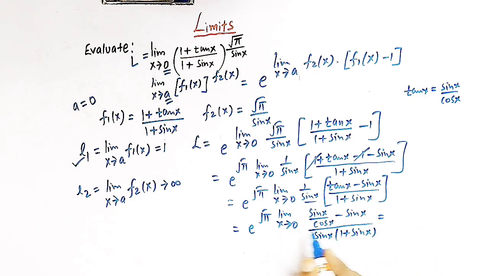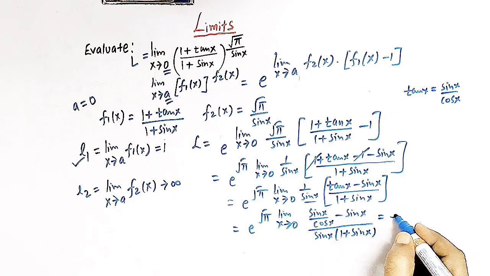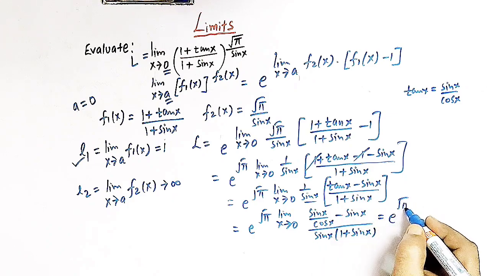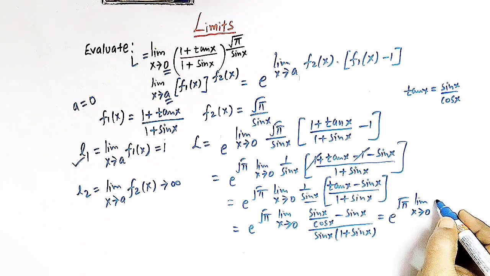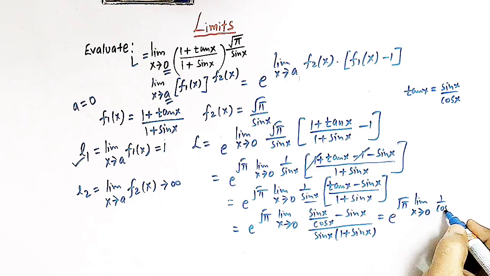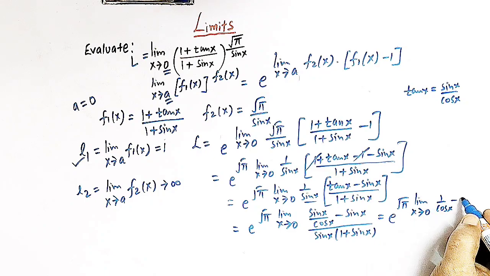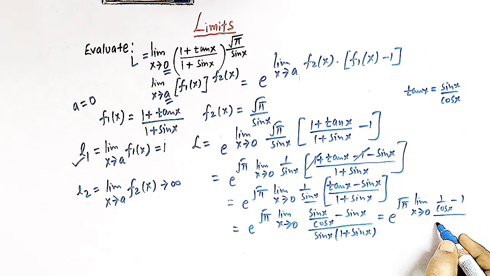So now we can cancel this sin x by taking sin x common in the numerator. We have e raised to square root of pi times limit x tends to 0, and we are left with (1 over cos x minus 1) divided by (1 plus sin x).